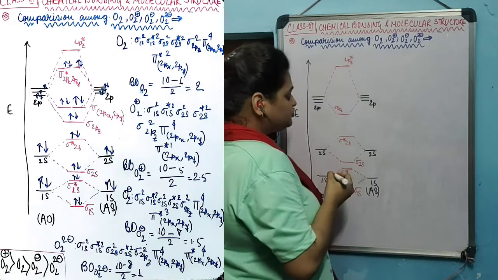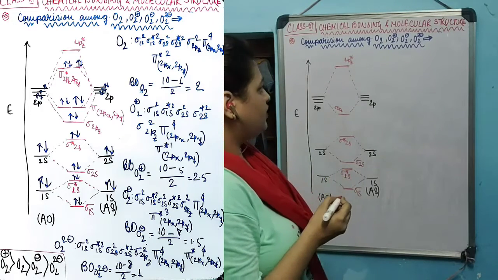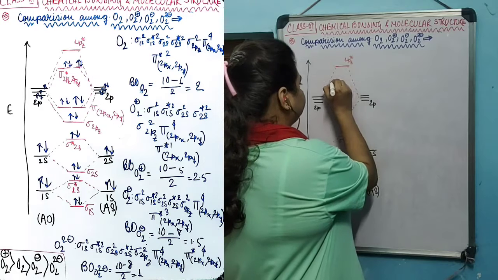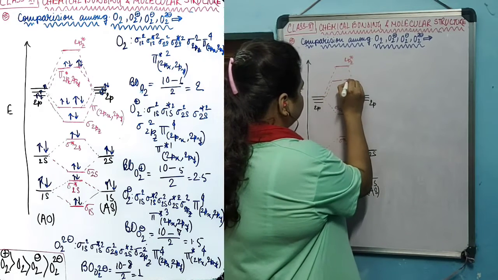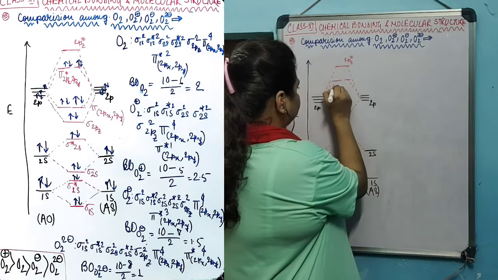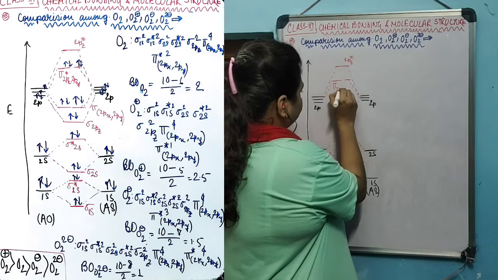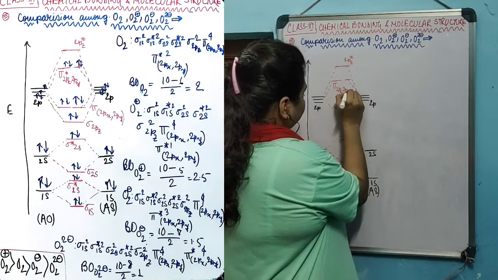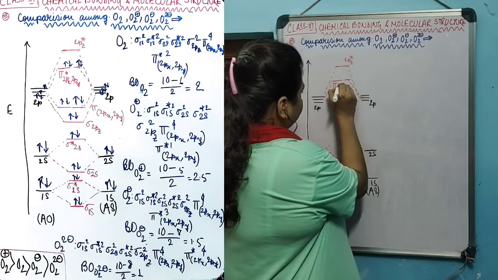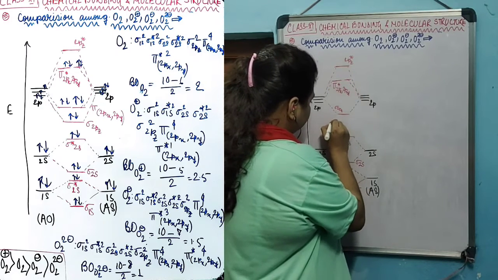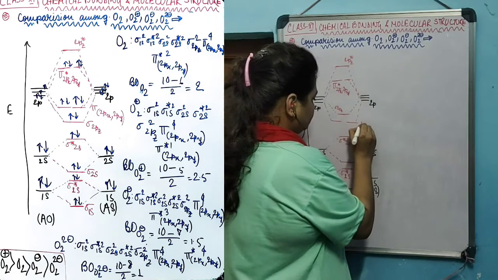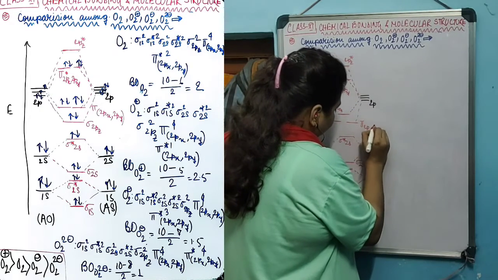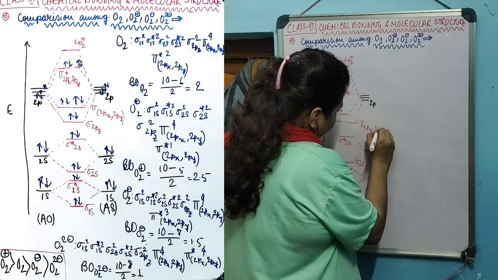And the remaining 2px and 2py will create the pi bond: pi 2px, 2py.